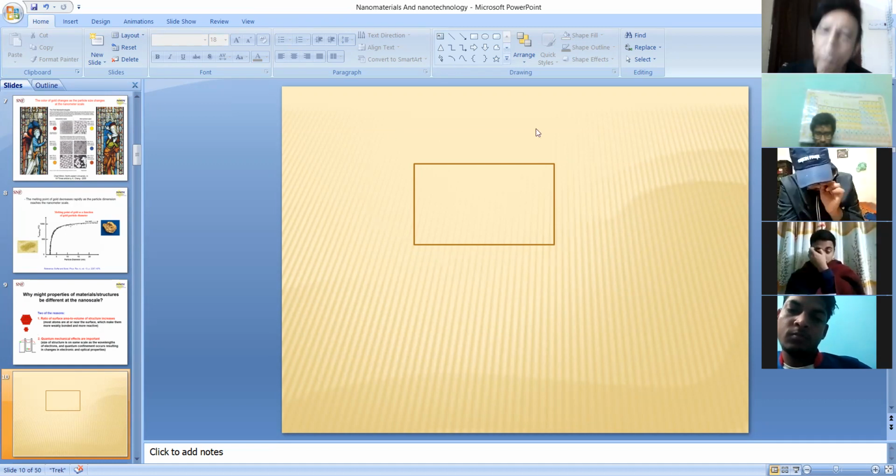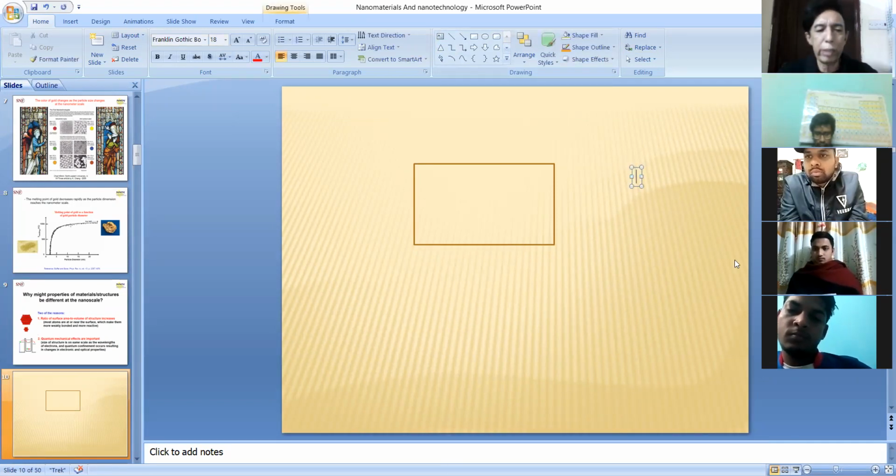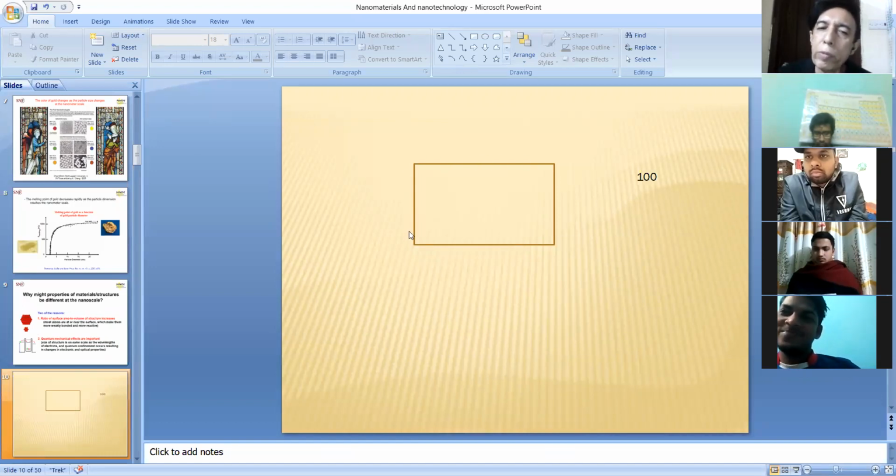And say for example, there are 100 atoms in the surface. For example, in practice, it will be lots more than that.